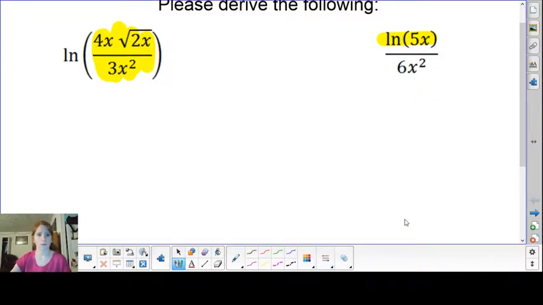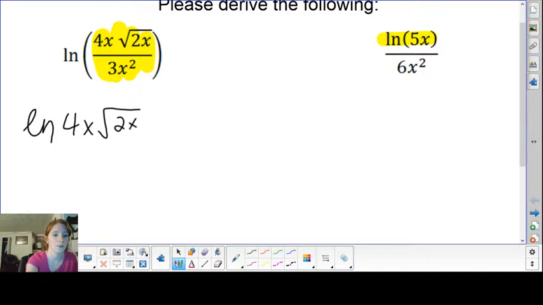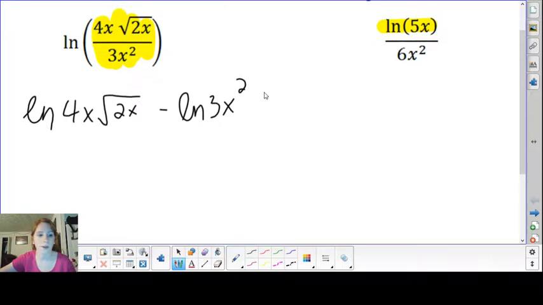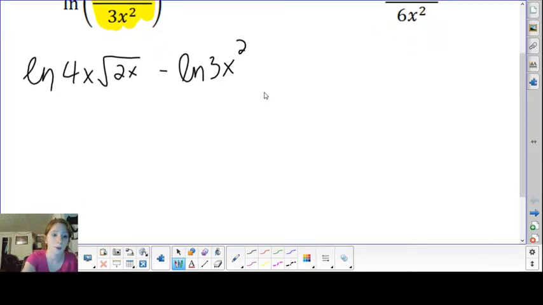Let's go ahead and start this first one. I can split up the division into separate terms. So I have the natural log of 4x square root of 2x minus the natural log of 3x squared. Then I can split up the multiplication in that first term with addition.